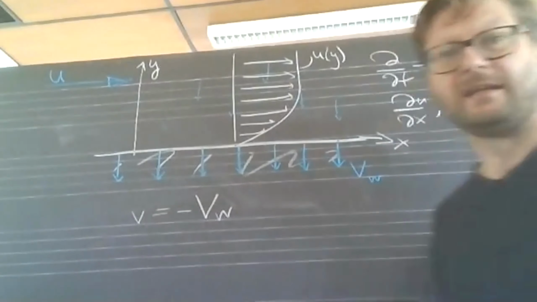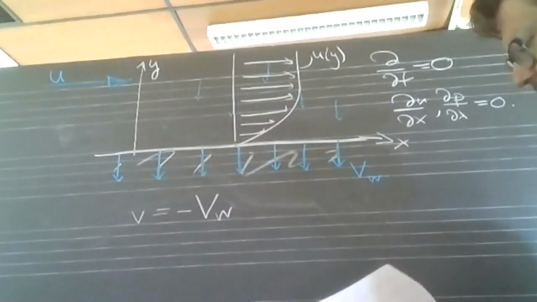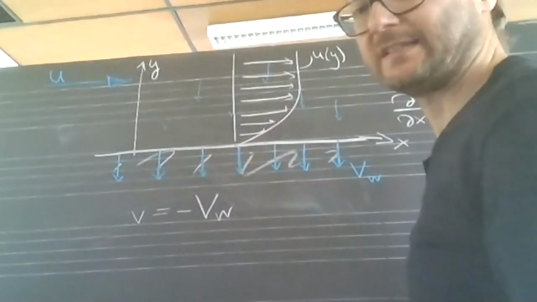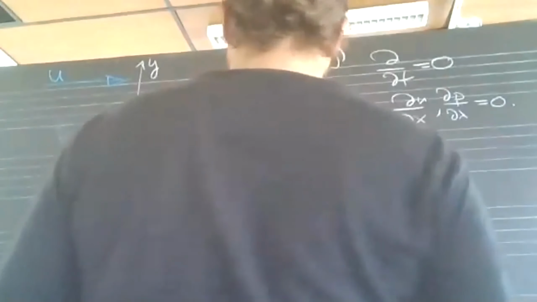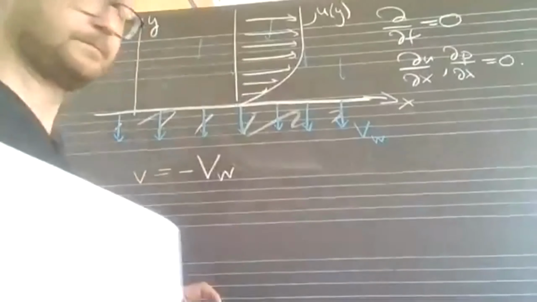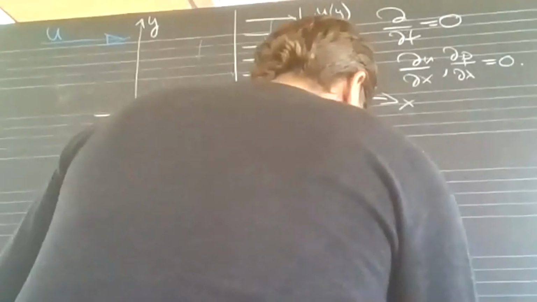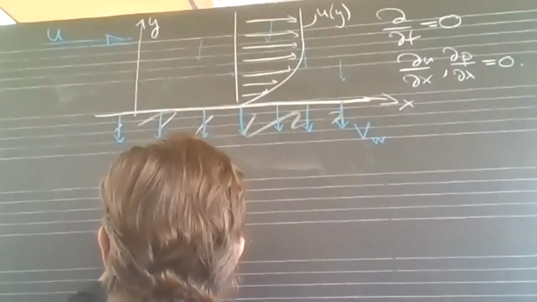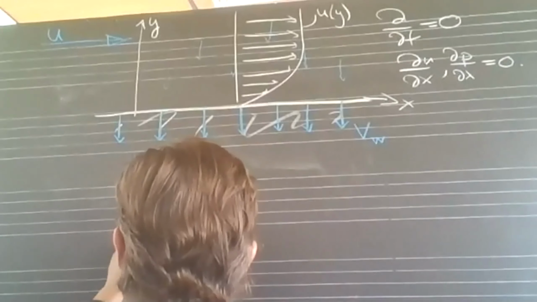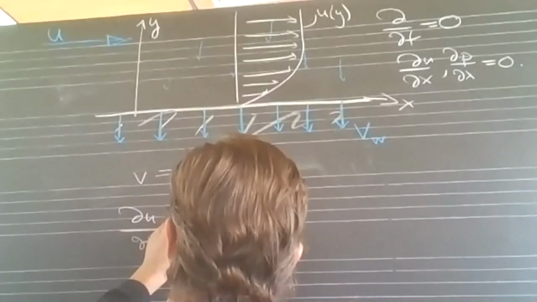Now let's see if we can find an exact solution for this boundary layer. Let me write down the Navier-Stokes equation or the momentum balance in x direction for this flow.